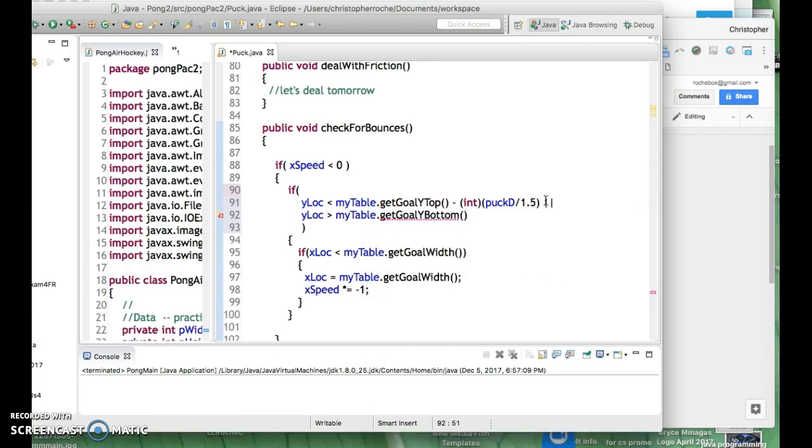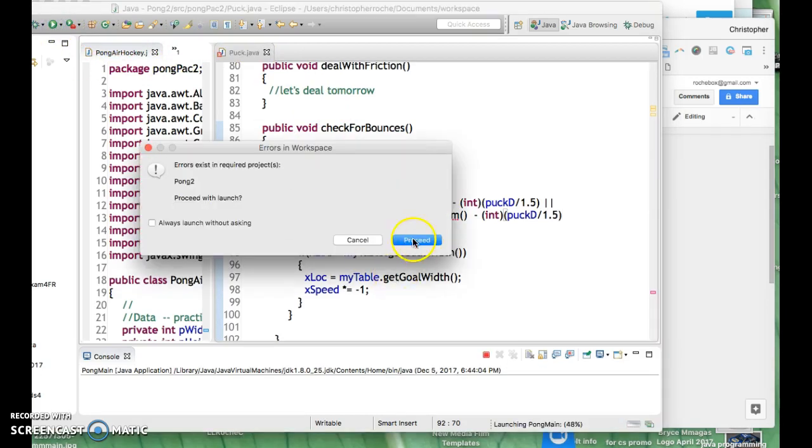Okay, it's the bottom one minus a little bit too. We'll pull it up a little bit. Okay, so run this.